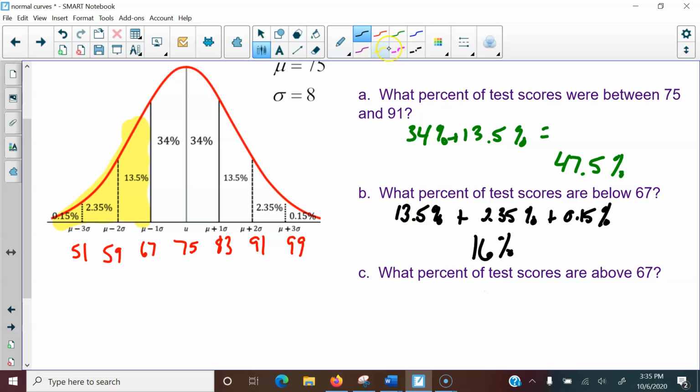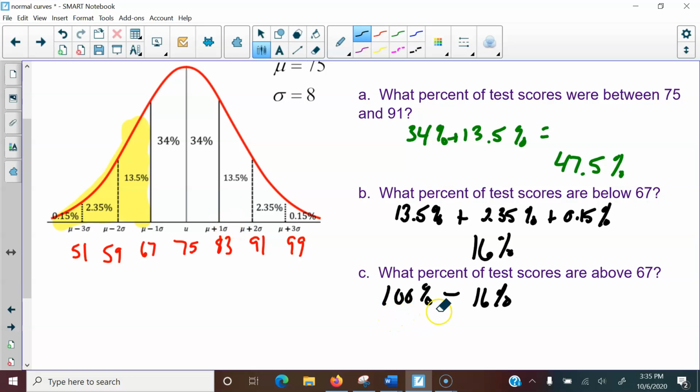All right, the last question says, what percent of test scores are above a 67? There are two ways to do this. The first way is to notice that the percent that are above 67 will be 100% minus the percent that are below. That's because the entire area under the curve represents all of the test grades. So underneath the curve, we have 100% of the data.